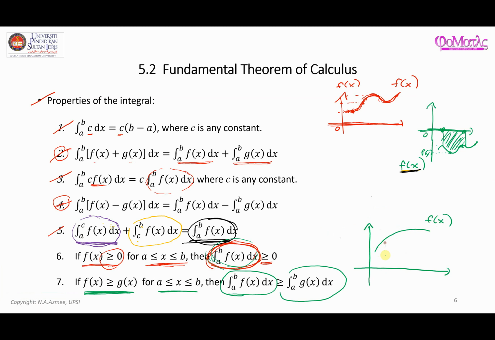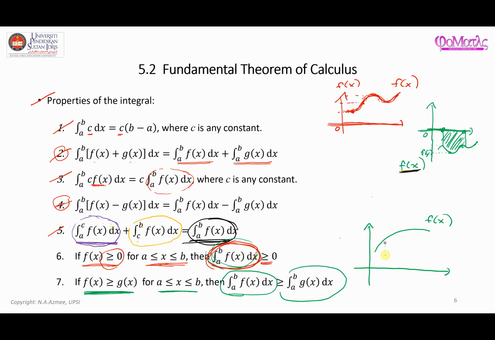First of all, there are some mistakes on this slide, so please correct them. This is actually big F. Now notice that the function big F here depends on x, and x appears as the upper limit.